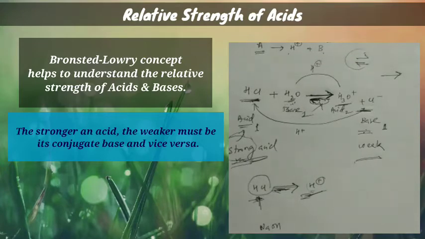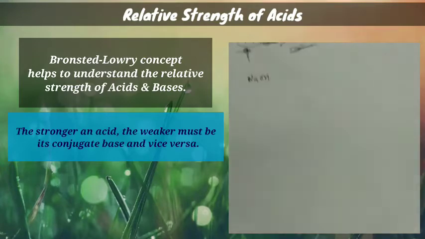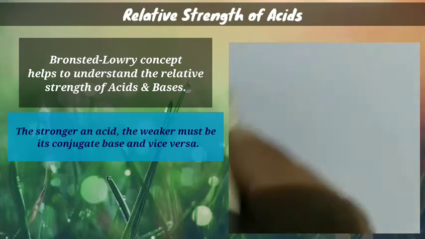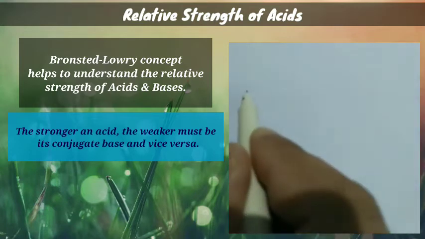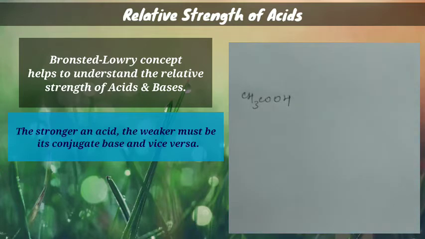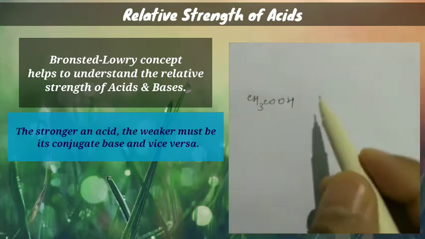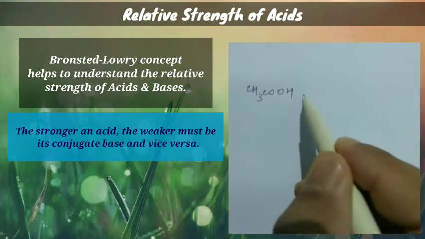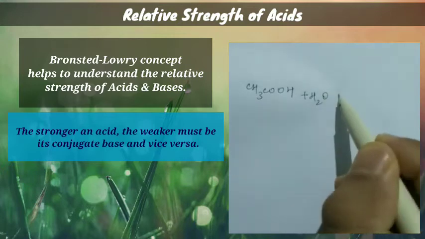Let's now take one more example, an example of a weak acid. Let's suppose the weak acid is CH3COOH. We know that this is acetic acid and it is a weak acid. Let's suppose it reacts with water.